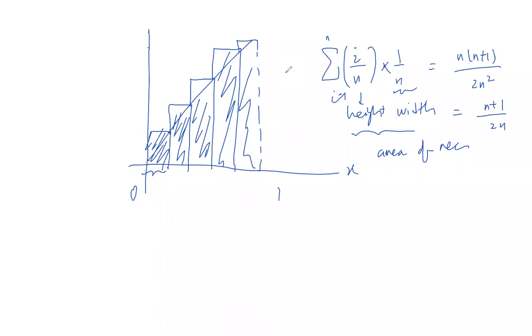So your Riemann integral is equal to the limit as n tends to infinity of n plus 1 over 2n, which gives you 1 over 2. That one is actually straightforward. It's a limiting process: you add up all the rectangular bars and then you think about cutting them as fine as possible.